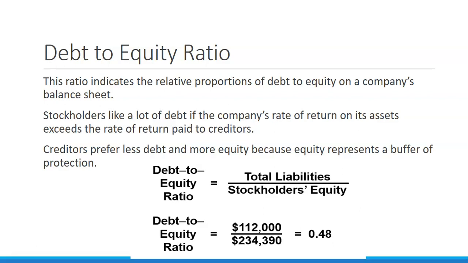As I said in the last video, there is a formula to calculate what a good debt to equity ratio is for an organization, and we look at that more in business finance when we do financial calculations. So the debt to equity ratio is calculated by dividing total liabilities by total stockholders' equity.